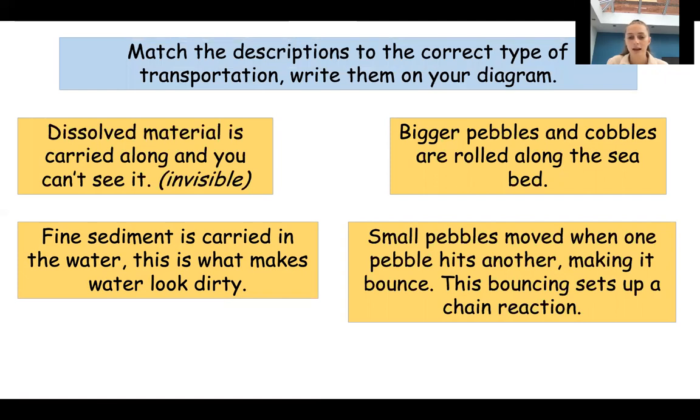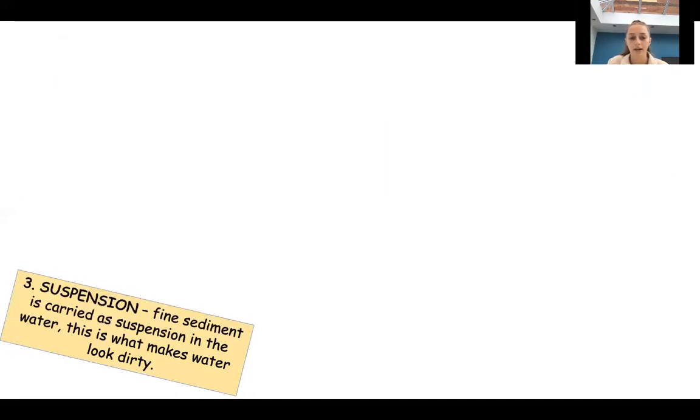So match it to the correct type of transportation and write them on your diagram. Pause it here before I go into the next slide, because I'm going to put the answers on and talk you through them again in a bit more detail. Just pause it here if you've not finished it, and then you can press play again once you've done it. Okay, so the answers are coming on now.